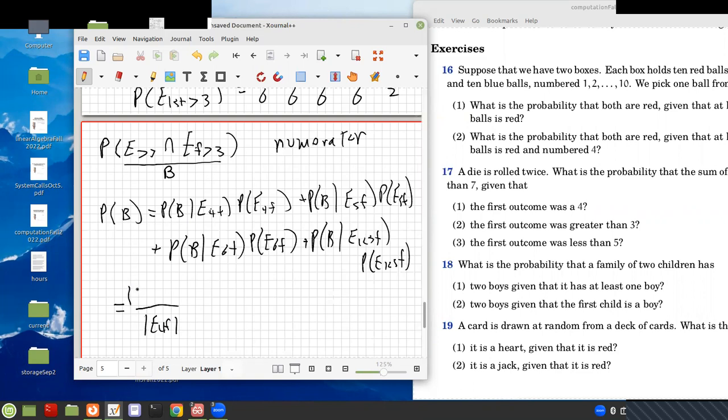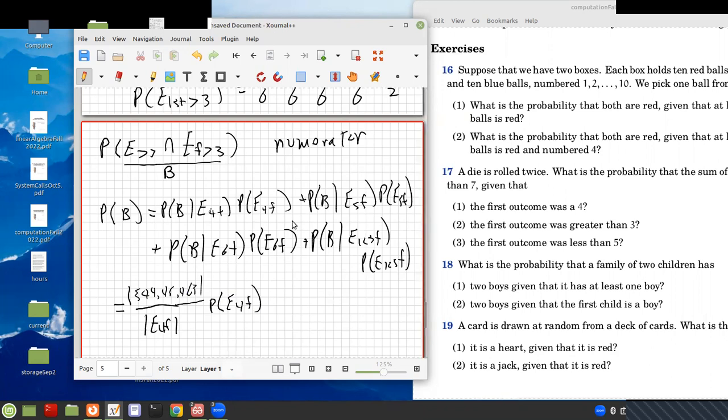So this is going to be the number of elements in this set: 4,4, 4,5, 4,6, because this is the case when the first one's greater than 3 intersected with the 4 being the first one, but where the sum is also greater than 7. That's 4,4, 4,5, 4,6 times the probability of E4 first.